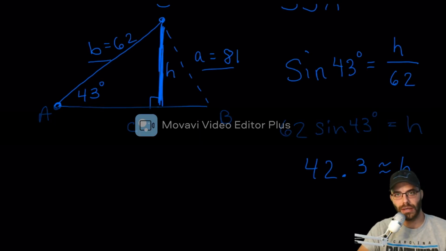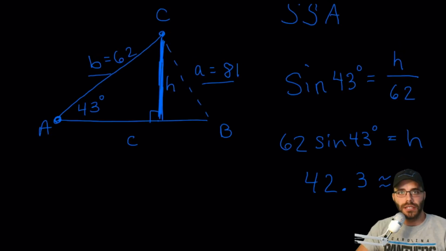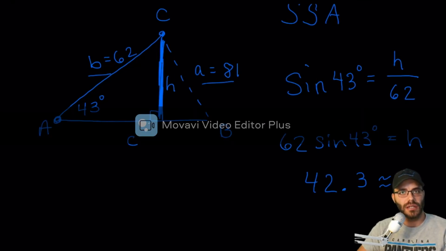So if I look at my picture, my height of my triangle here would be about 42.3, whatever unit of measure you want to discuss. Inches, centimeters, so on. So what we're going to do is compare side length A to the height and at the same time compare it to side length B.